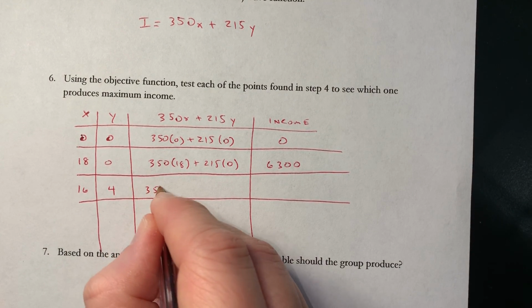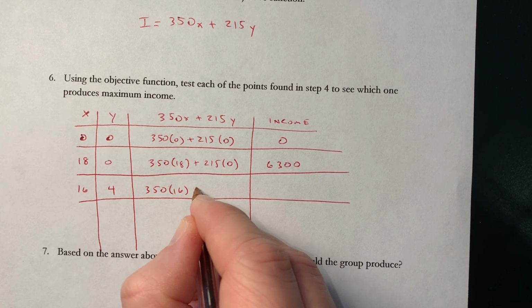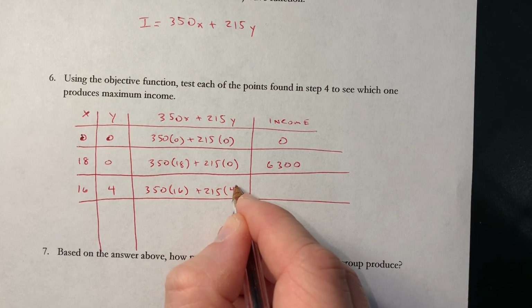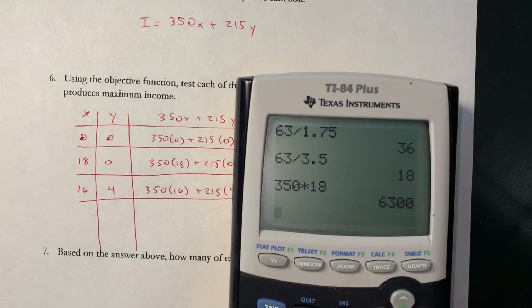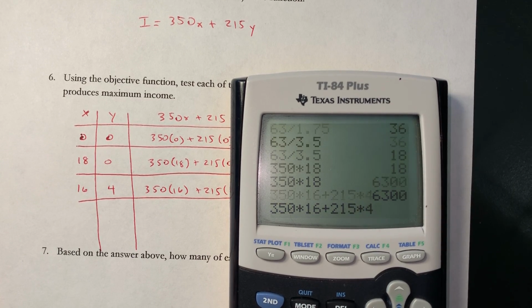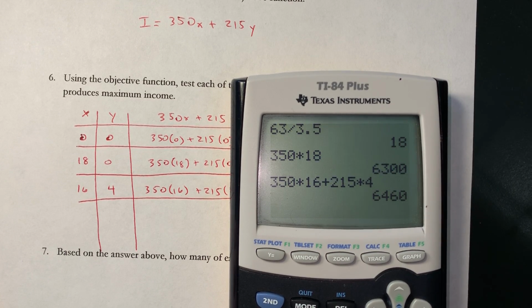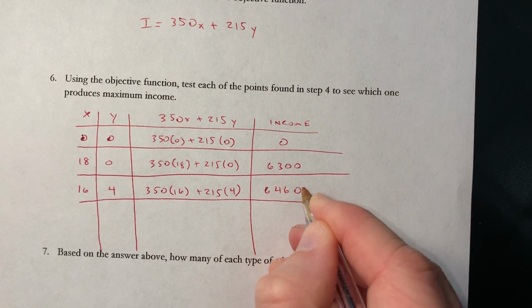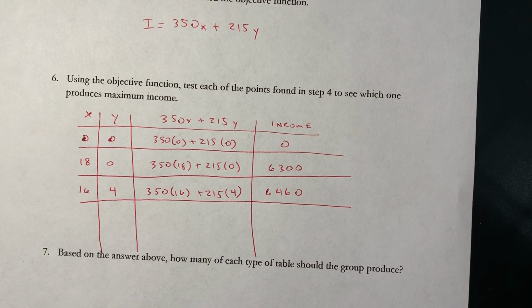So 350 times 16 plus 215 times 4 is $6,460.